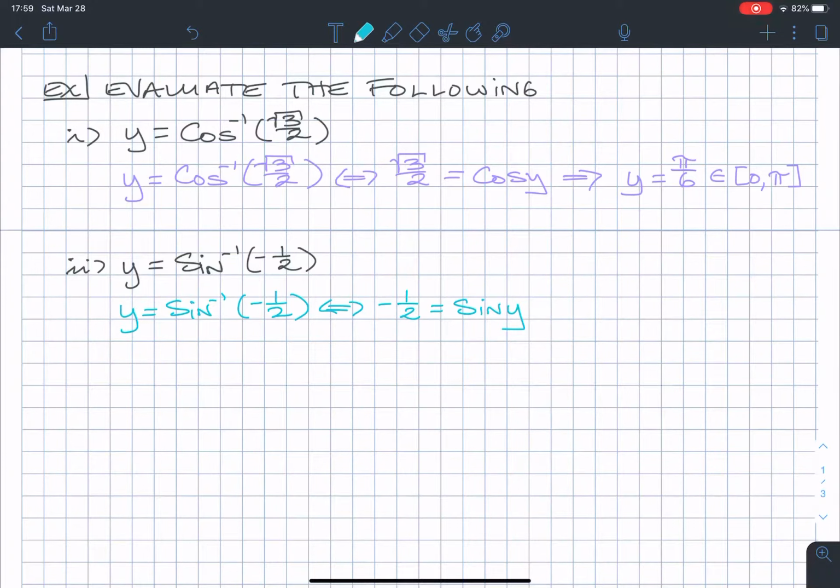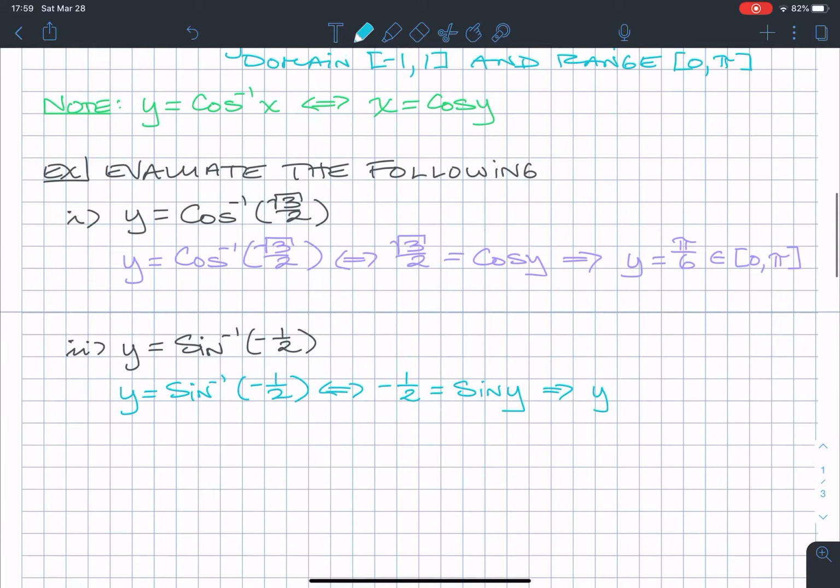So now I have to ask myself, at what angle y is the value for sine negative 1/2? You might say, okay, the y-coordinate is negative in quadrants 3 and 4, so sine is negative in quadrants 3 and 4.